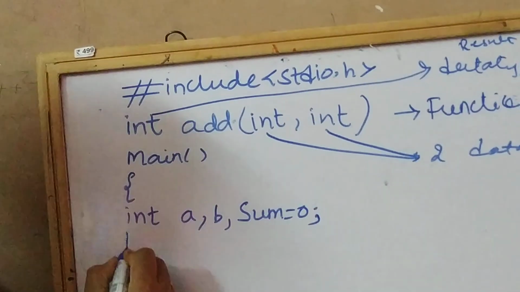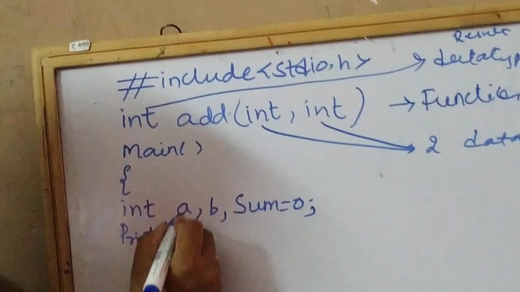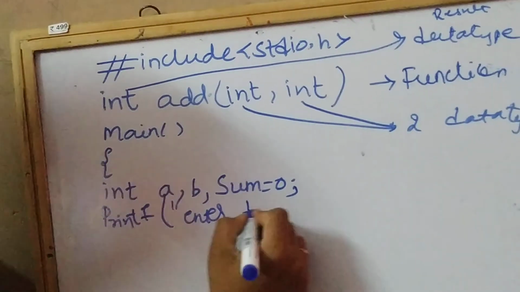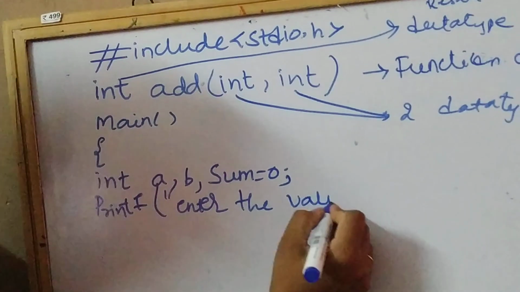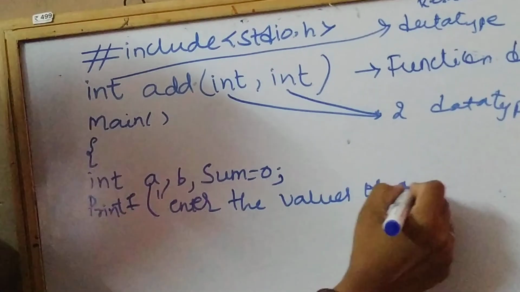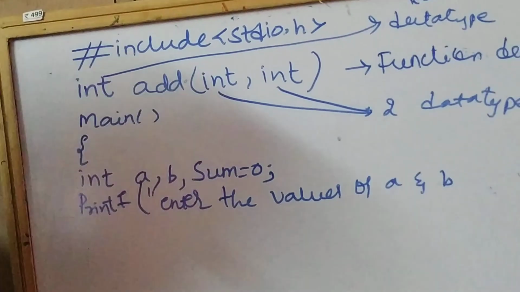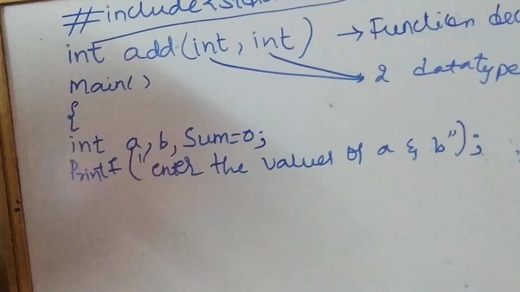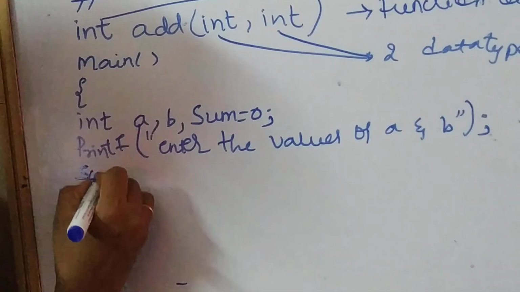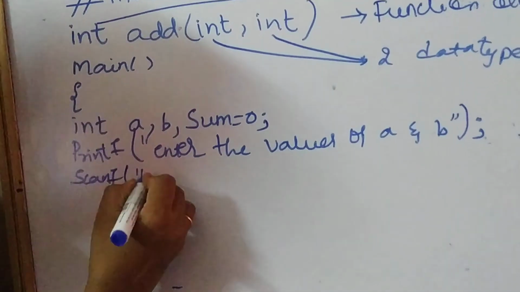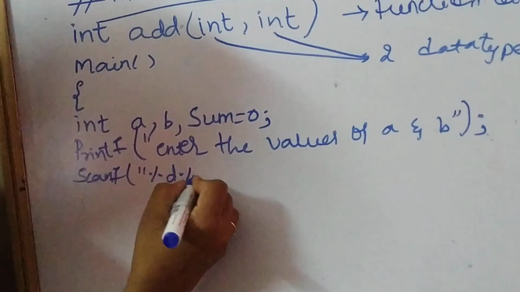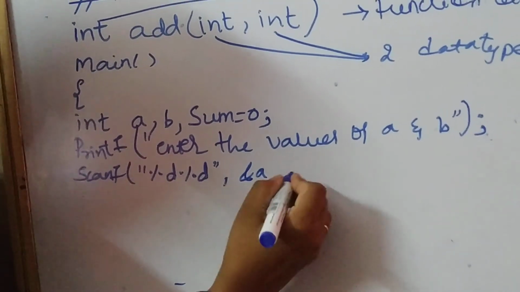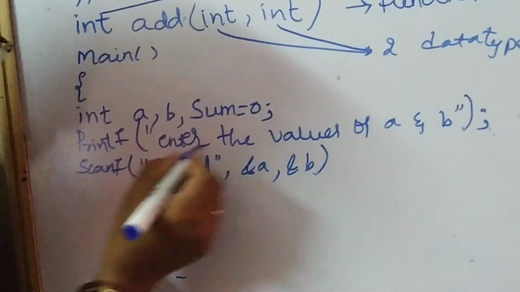So next is the printf statement. Printf, we need two values a and b, so "enter the values of a and b", quotation close, semicolon. So next is scanf, %d, quotations, comma, ampersand a, comma, ampersand b.